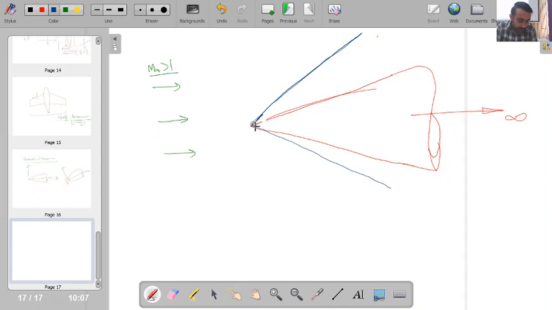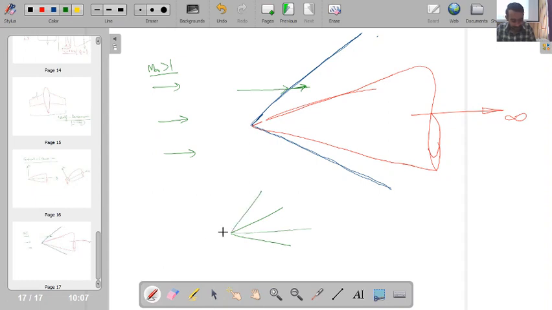Now one interesting feature is, if I visualize the streamline of a conical flow, I will find that it suddenly changes its direction. There will be a discontinuous change in its direction. But in the case of a two-dimensional wedge flow, we have seen that if I have a shock wave, this discontinuity immediately makes my streamline parallel to the wedge.